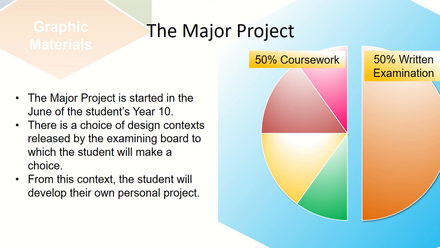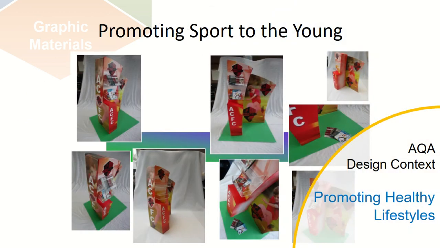This is best illustrated by looking at how previous students have responded to the design context that they had. This student chose the Promoting Healthy Lifestyles design context, and then investigated that context and identified the problem of getting young people to be more active.